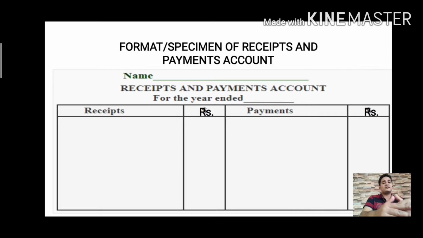If your accounting year starts from 1st January and ends on 31st December, then on 31st December the receipts and payments account will be prepared. On the left hand side, means debit side, we write all the receipts items, and on the right hand side, means credit side, we record the payments items.